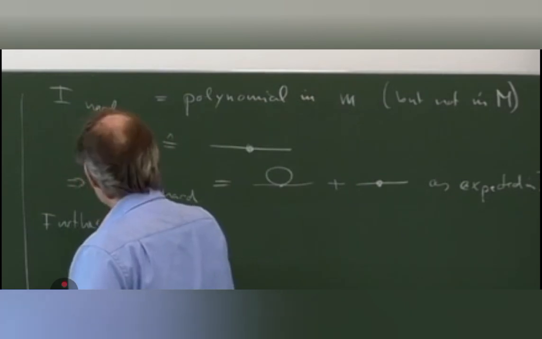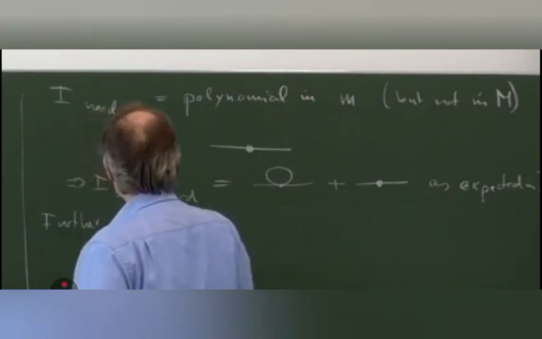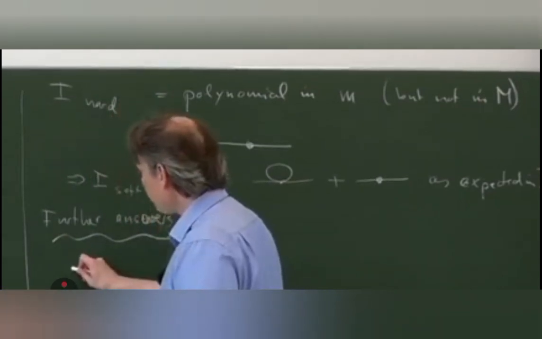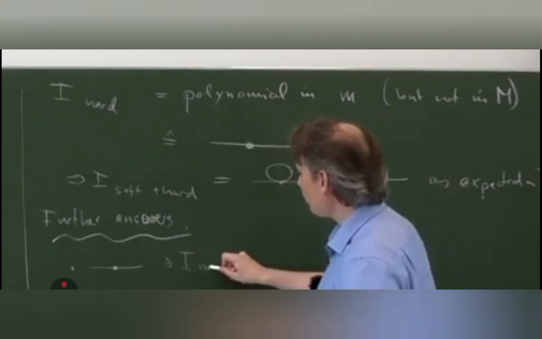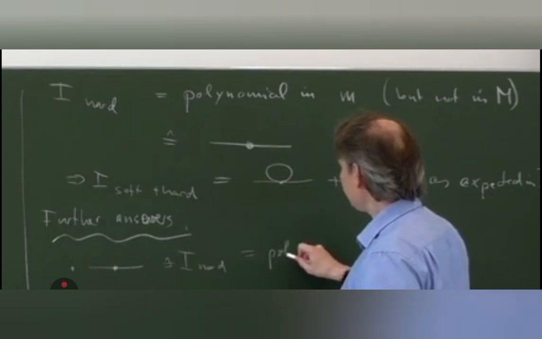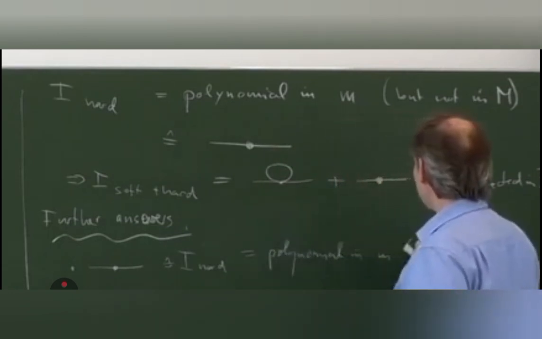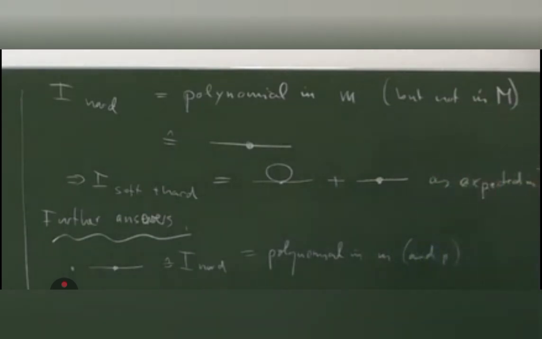So we get some further answers. First of all, we see that this Feynman diagram, which is nothing but the hard integral, is a polynomial in M, and it would also be a polynomial in the small momentum if that would play a role by construction.